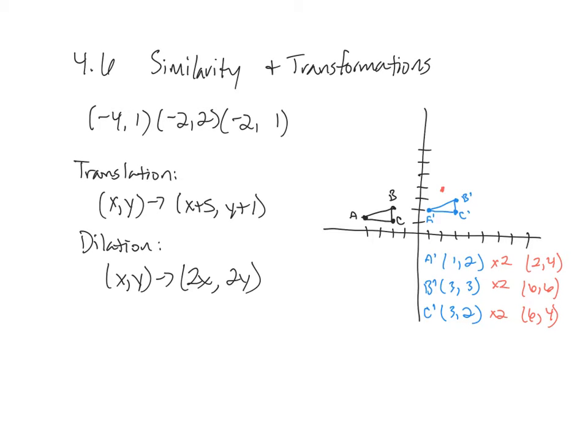Up 1, 2, 3, 4, 5, 6. So probably there. 1, 2, 3, 4, 5, 6, yeah. And then 6, 4 would go there. So the red part is our answer.